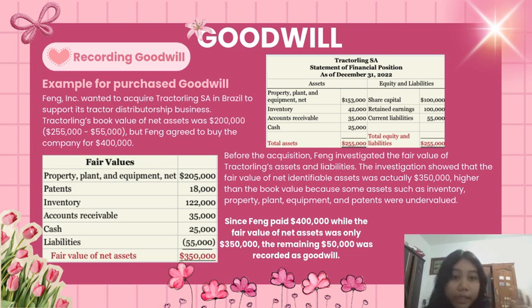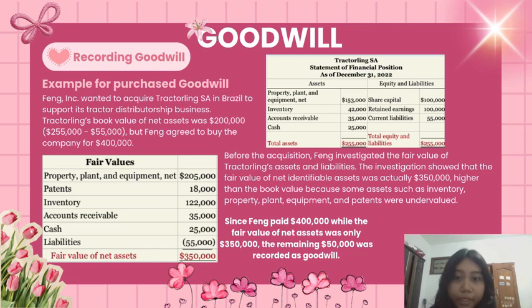We can see in the picture on the right side, the statement of financial position, that the assets contain PPE, inventory, accounts receivable, and cash, and the total is $255,000. And the liabilities are 55.